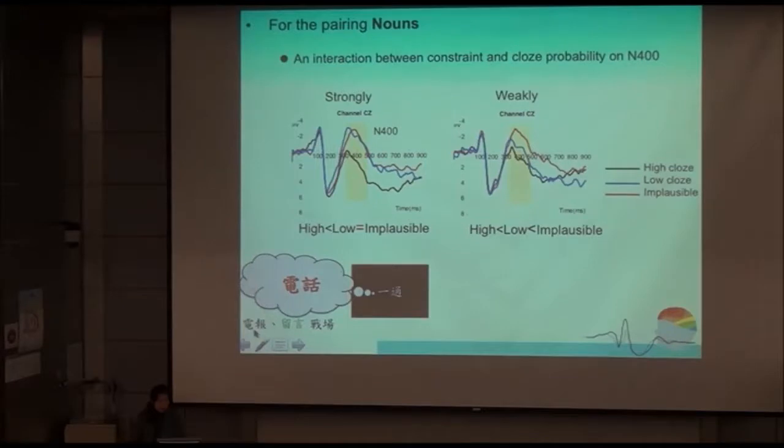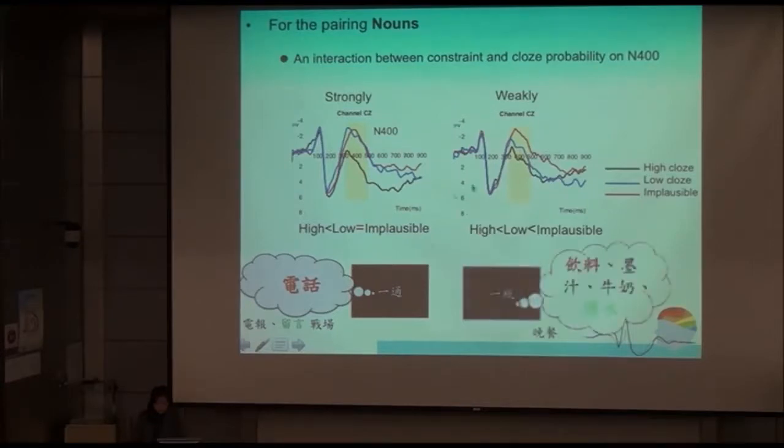And even though 电报 or 留言 is possible, it would work like the impossible one. That's why you can see these two lines go together. But if you perceive a weakly constrained classifier, then you won't form a strong prediction about the following noun, and you would see the gradient effect of cloze probability on the N400.